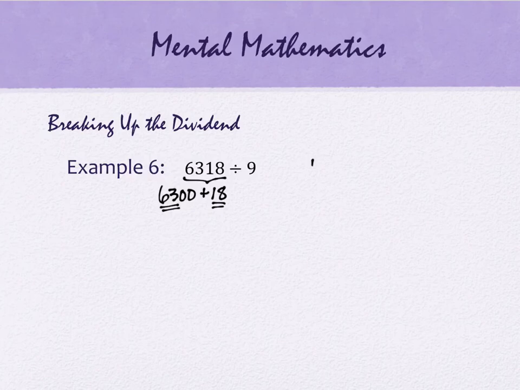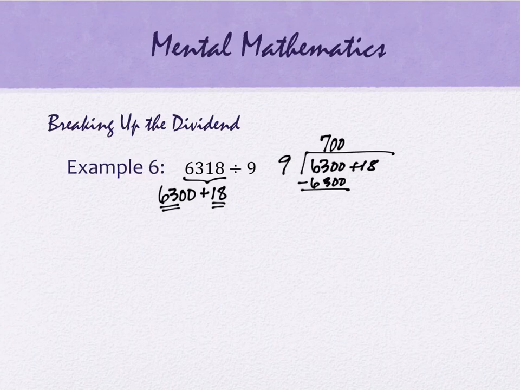As we're thinking about this in terms of writing it out, we can write it with the same divisions that we've seen before. I can do the 9 into the 63, or 6,300 as it's written, and that will go in 7 times. That's 700 because it's 6,300. And then how many times will the 9 go into 18? 2.